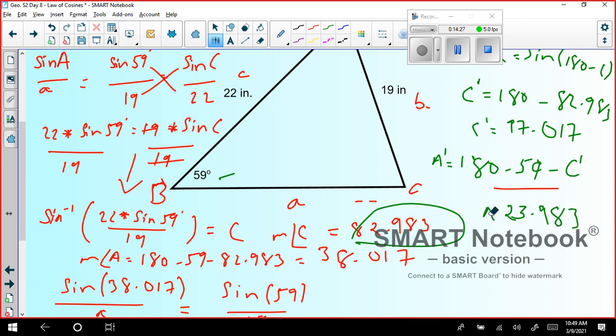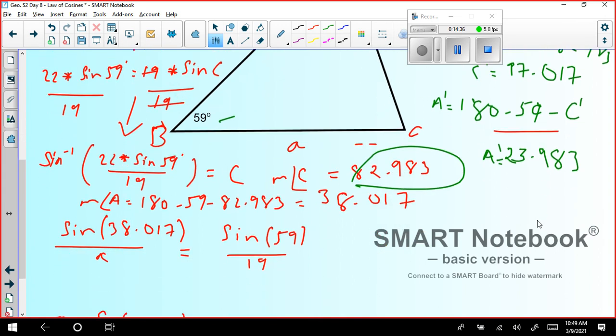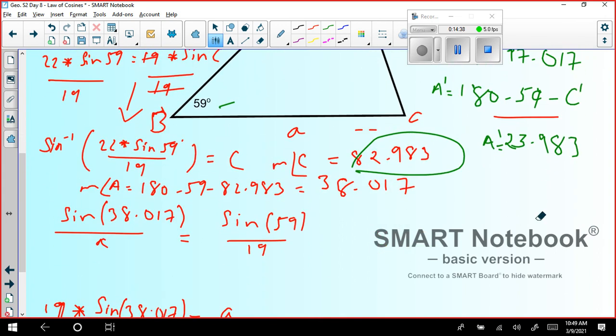This is the other possibility of A prime, and based on this you can get a different side a as well, because you got A prime as different. So further you have to find a dash: sine of A prime over a dash equals sine B over b, which is sine 59 over 90.